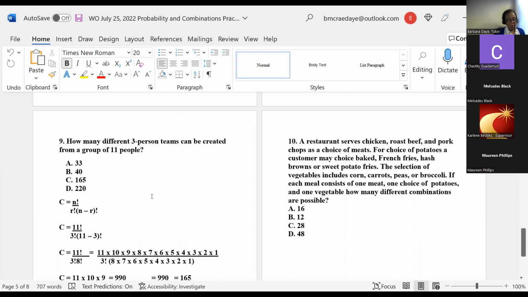That's why I say create from a group of 11. How many different 3-person teams? So you're trying to create 3-person teams out of a group of 11. So use the combination formula whenever you're looking for a specific number of something out of a total.